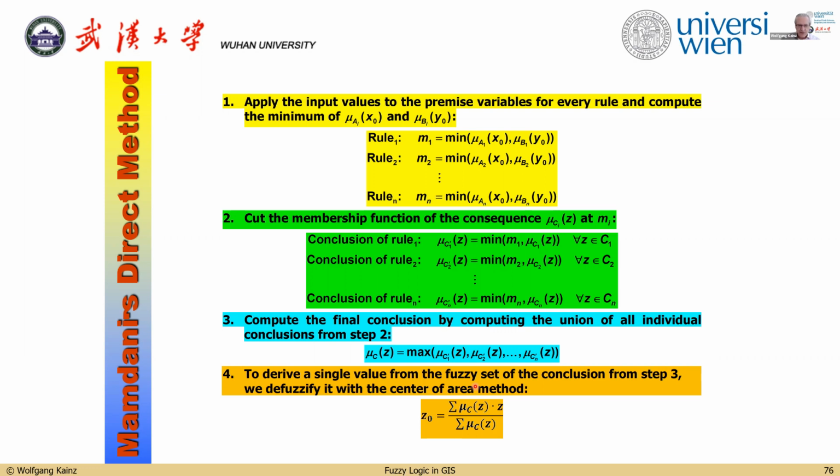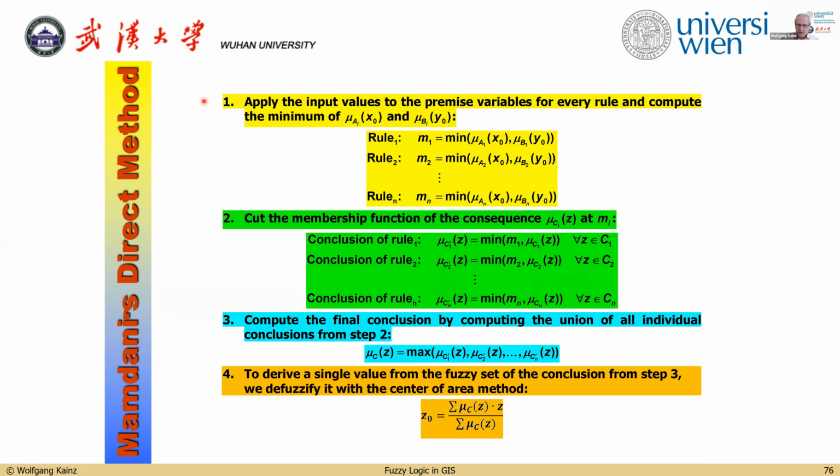Of course, what we need to have is a set of rules with a certain number of premise variables, and then we can follow the procedure in 4 steps.